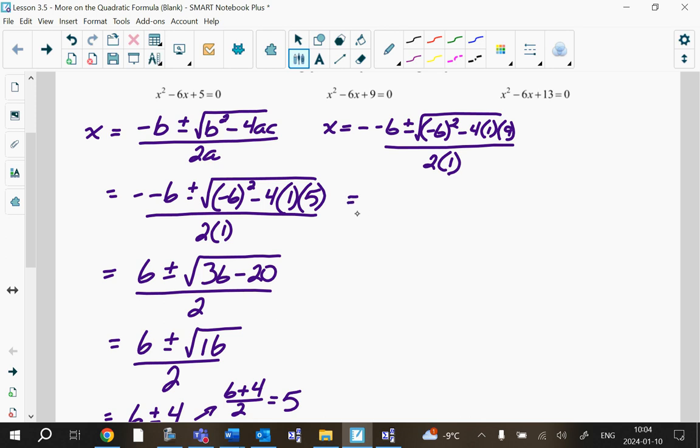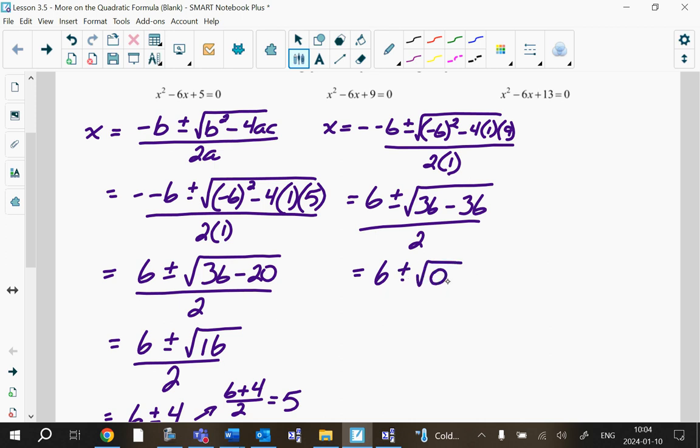Negative 6 becomes positive, plus or minus negative 6 all squared is 36 again, minus 4 times 1 times 9, which is also 36. So we get 6 plus or minus the square root of 0 divided by 2.